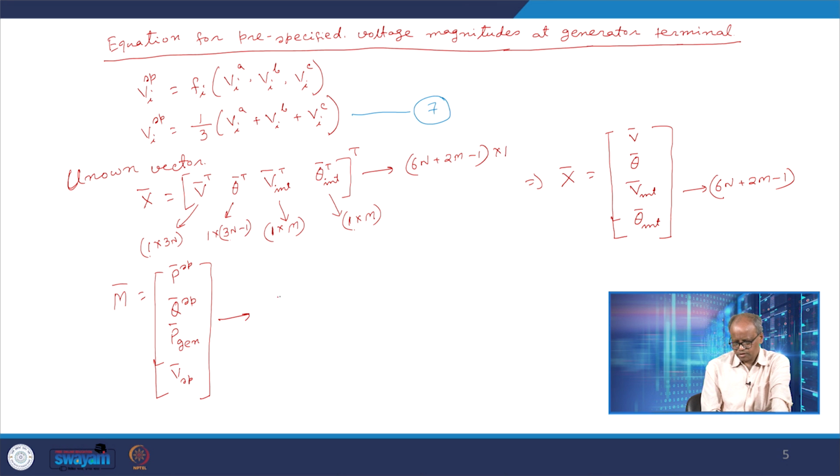So this is also a 6n plus 2m minus 1 vector.